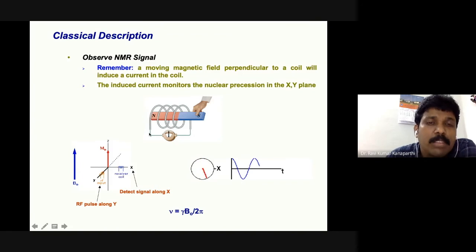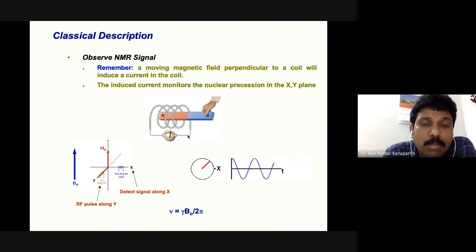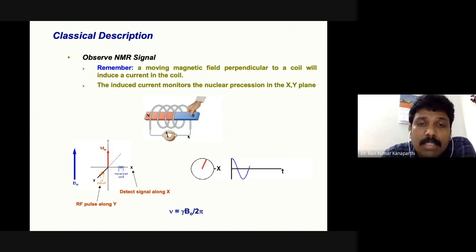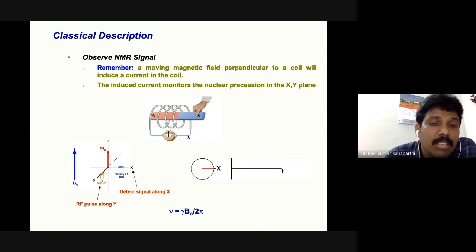What is the basic principle? If you have a bar magnet and you move it back and forth, then naturally you can find current generation in the ammeter, right? If you bring a bar magnet near a coil and move it, there is a current generation. Precisely the same principle is used in the NMR signal.